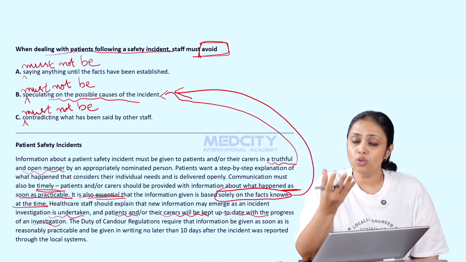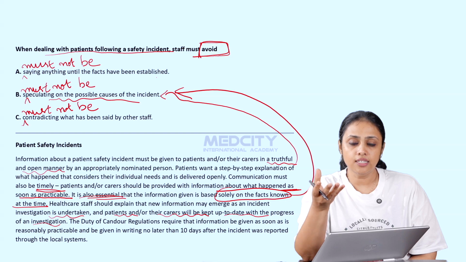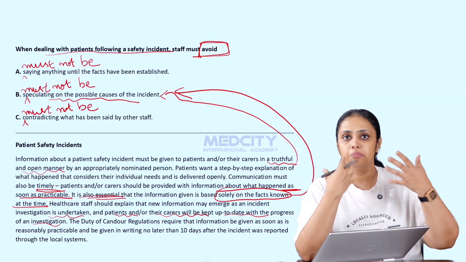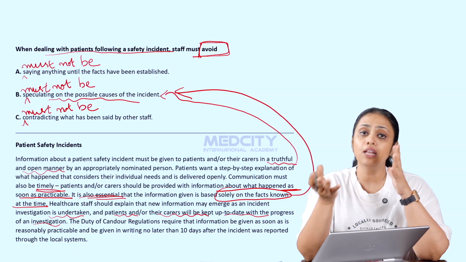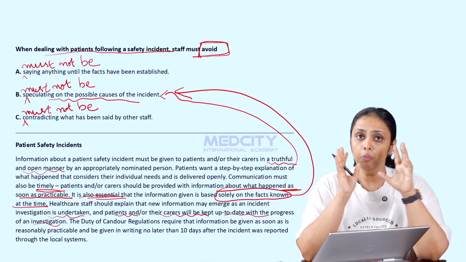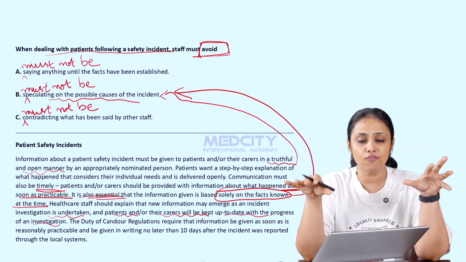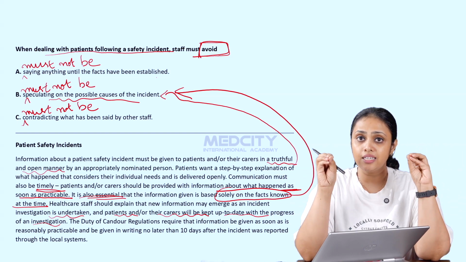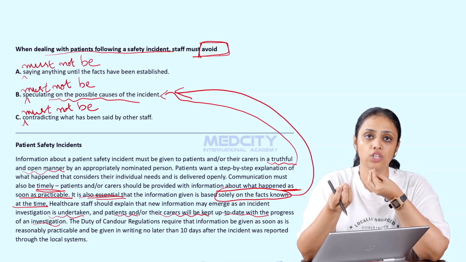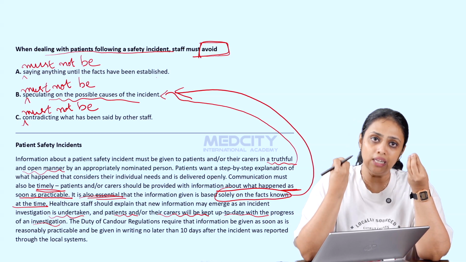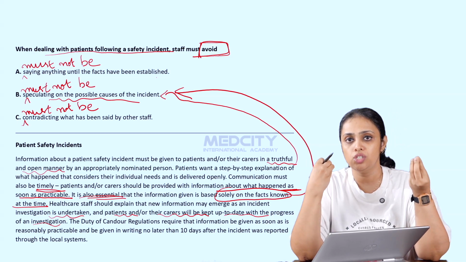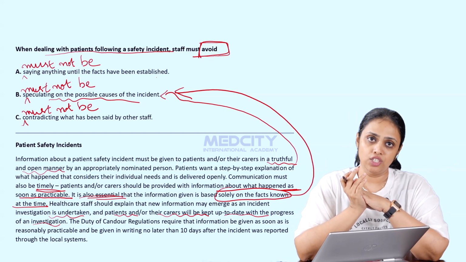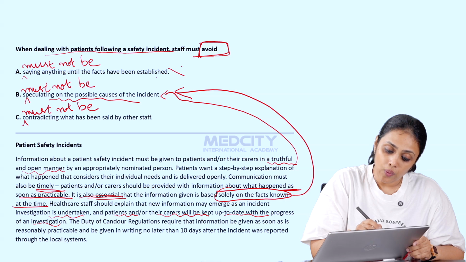And you also have to tell the patient or the carer that an investigation will be initiated, and based on that there might be changes in the information that we have provided and we will update you accordingly, which means that you need not wait for the facts to be established. Based on the facts that are available at the point, you can reach out to the patient, and then you also let them know that based on the information that we get from the investigation, we'll be updating you on the changes, which means that you don't have to wait.